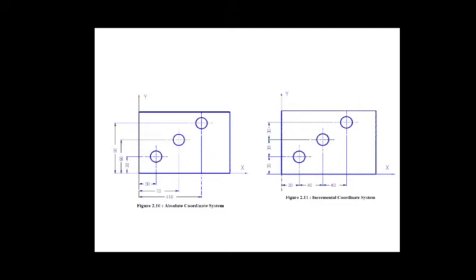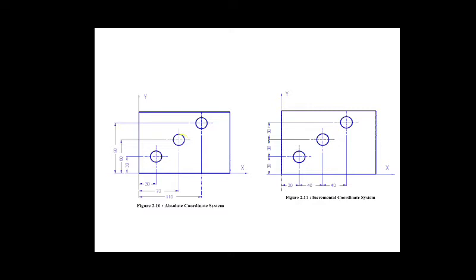In absolute system, all references are made to the origin of the coordinate system. All commands of motion are defined by the absolute coordinates referred to the origin. That means, as you can see in the figure, there are three holes. If we want to define the first hole, we can define it as 30, 30, which is from the origin.